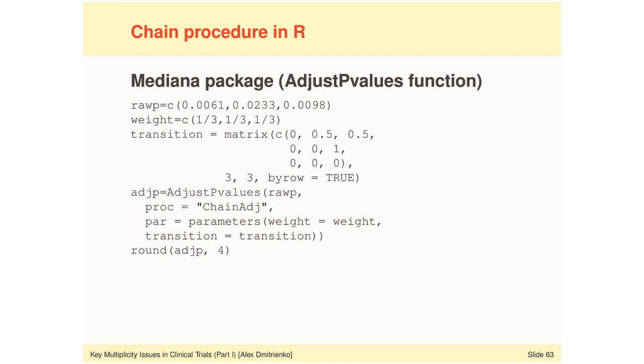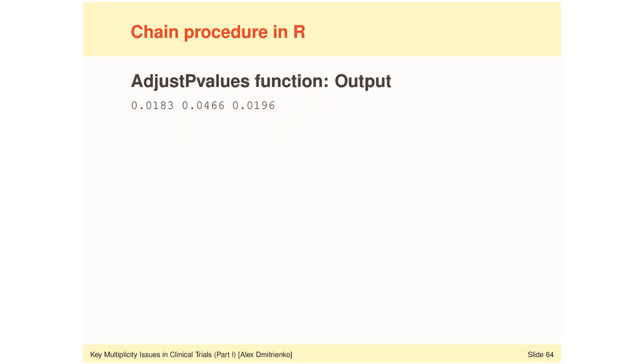We just need to define these two objects and then pass them to the adjust p-values function along with the vector of raw p-values, and the adjust p-values function computes, as before, a vector of chain adjusted p-values. These adjusted p-values are shown on slide 64, and they are identical to the p-values that I presented on slide 59. Those p-values were computed using a SAS macro.